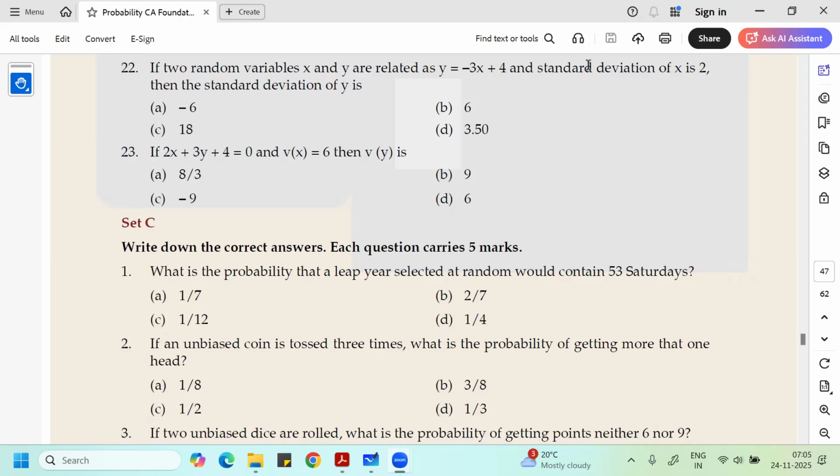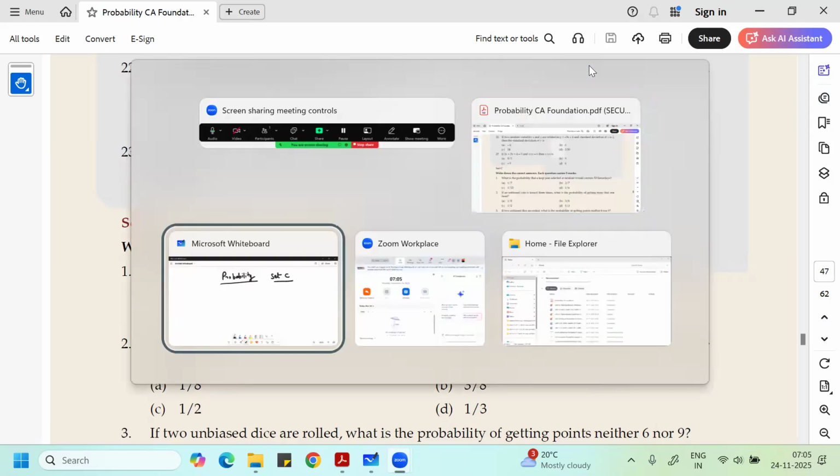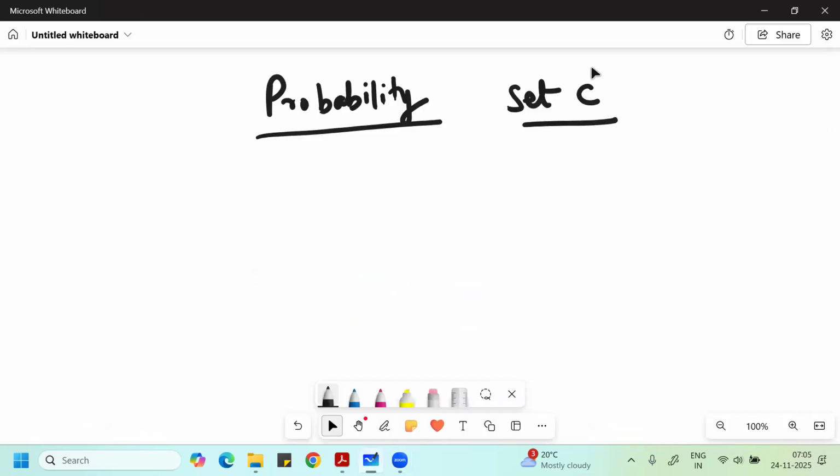So a normal year has 52 weeks, and 52 weeks means 52 Sundays, 52 Mondays, 52 Tuesdays, 52 Wednesdays, 52 Fridays, 52 Saturdays. So a normal year has 52 of every day, plus 1 day extra.